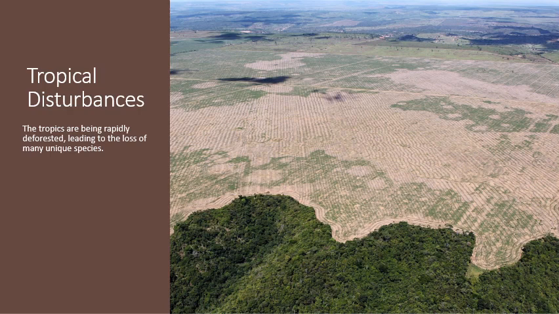Over time, those will come back if they're allowed to, but right now they're being carefully managed in order to keep diversity extraordinarily low. You have 1 or 2 types of crops growing on this field, versus hundreds and hundreds of different species, or thousands or millions of species in this forest. So you're losing a lot of unique species.